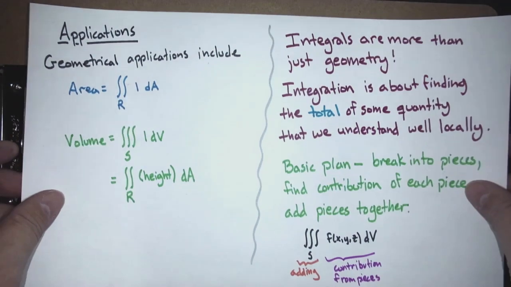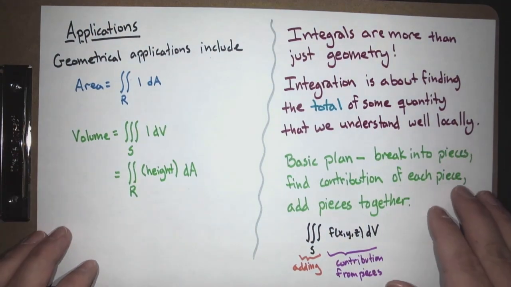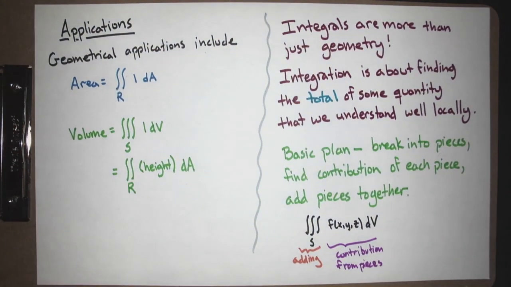Now, goal for today. We've learned about integration, and we want to talk about applications. A lot of times when we start talking about integrals, everybody automatically goes to, integrals are about areas, or they're about volumes. And that's true that you can use integrals to find those things.